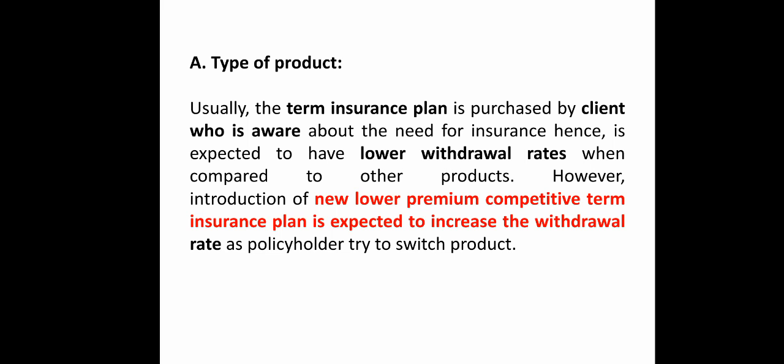In such a product, the customer is very much aware that the policy has a very low amount of premium but a very big amount of coverage, and where you don't have any surrender value, the chances of having withdrawals are very low, which is good. But there is a possibility that new term plans with attractive premiums may have an effect on your withdrawal rates, so accordingly we need to think.